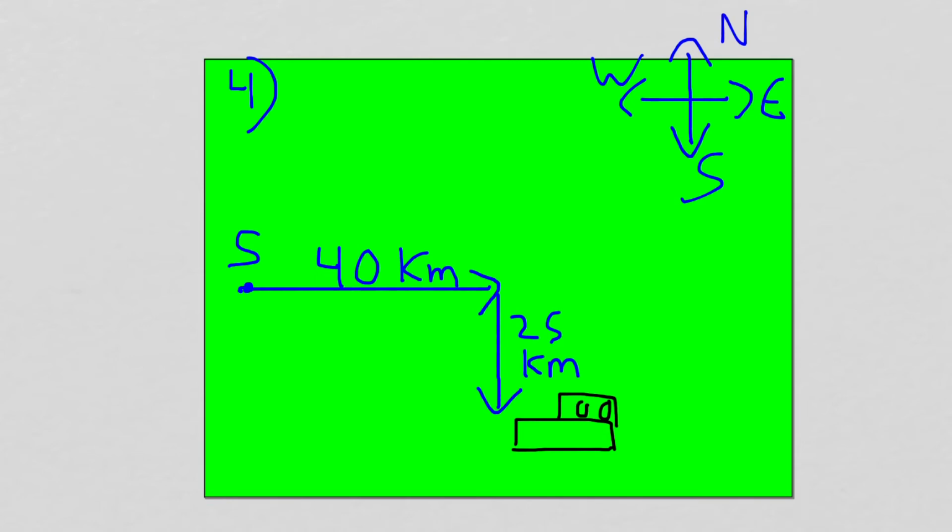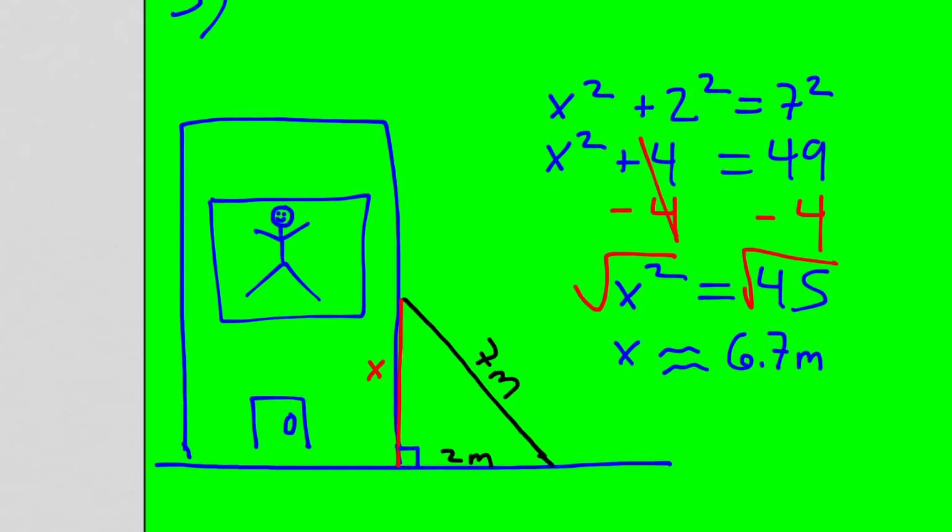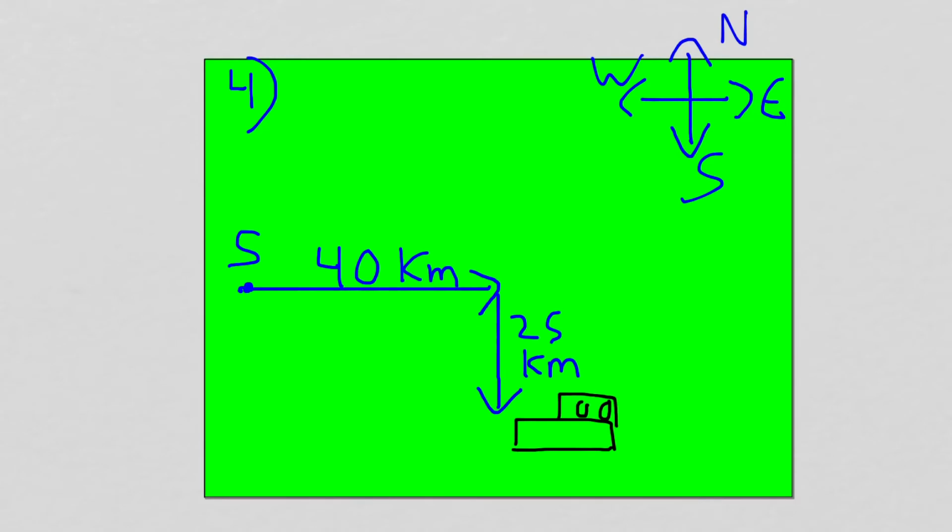So there's where our ship is now, and the question says, at this point, how far away was the ship from Shippagan? So Shippagan is right here. The ship is right here. We want to know that distance. And you can see here we formed a right triangle.